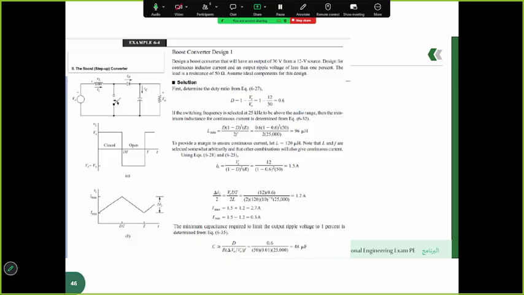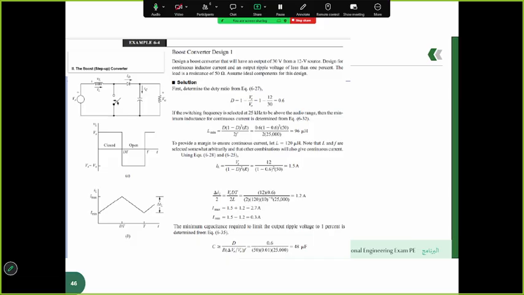The average inductor current is then obtained using power balance between input and output, which gives IL equal to 1.5 amp. From this, the peak and minimum inductor currents are 2.7 amp and 0.7 amp. Since the minimum current is still positive, the converter indeed operates in continuous conduction mode, validating the design assumption.